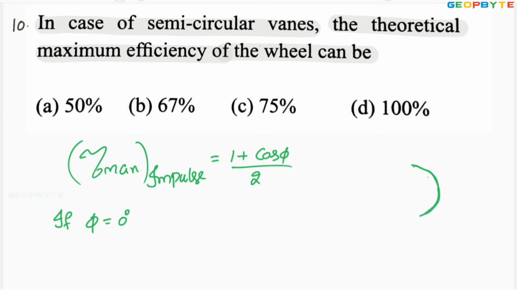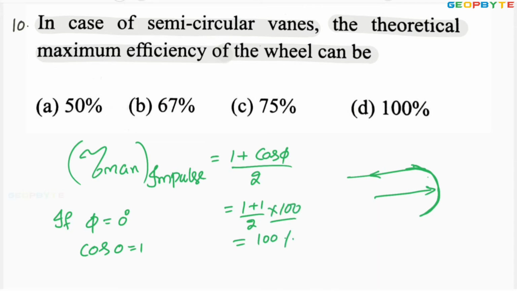It is like this. The water is entering in this direction and leaving in this direction. Since the water is leaving horizontally, phi equals 0 degrees. If phi equals 0 degrees, cos 0 equals 1, then maximum efficiency is 1 plus 1 by 2, right? It is equal to 1, multiply with 100, equal to 100%.